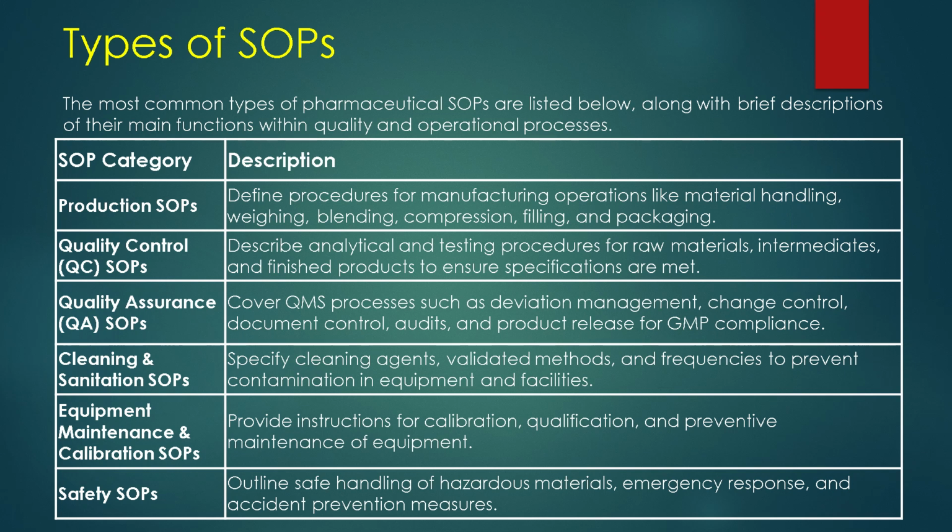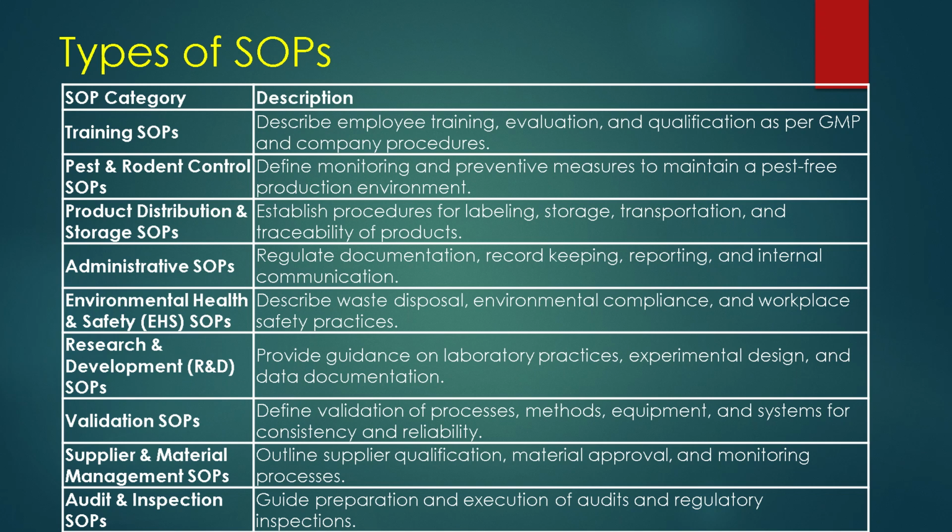Examples are production SOPs, quality control SOPs, quality assurance SOPs, cleaning and sanitation SOPs, equipment maintenance and calibration SOPs, safety SOPs, training SOPs, pest and rodent control SOPs, product distribution and storage SOPs, administrative SOPs, environmental health and safety SOPs, research and development SOPs, validation SOPs, supplier and material management SOPs, and audit and inspection SOPs.